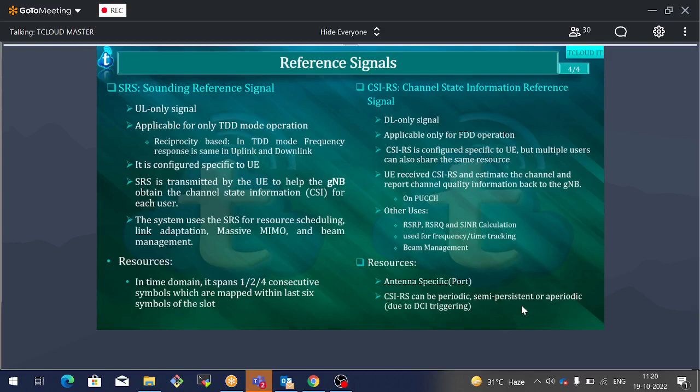Not needed. So you can ignore CSI. Actually, in TDD mode, CSI-RS might be completely absent. It won't be there. So if the mobile equipment has to measure the signal strength, it will typically use the SSB for measuring the signal strength if CSI-RS is not there.